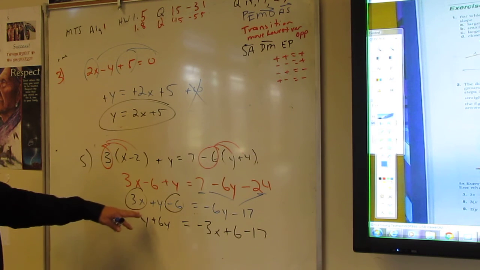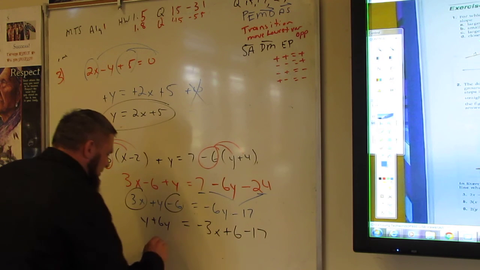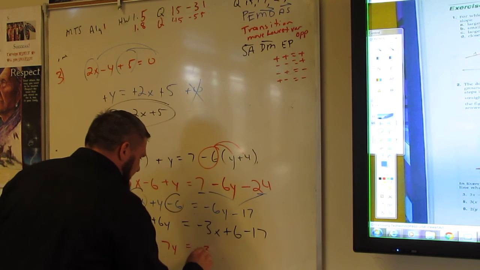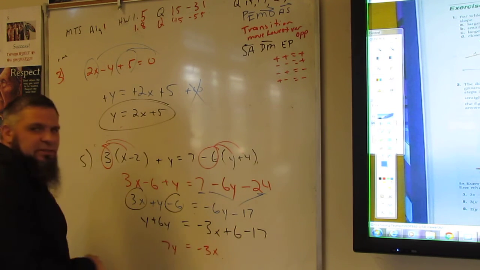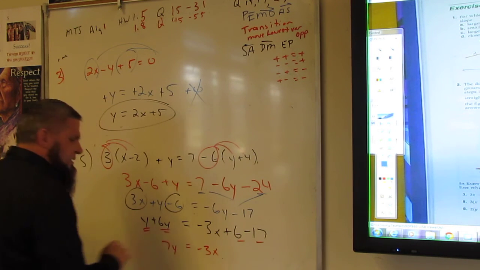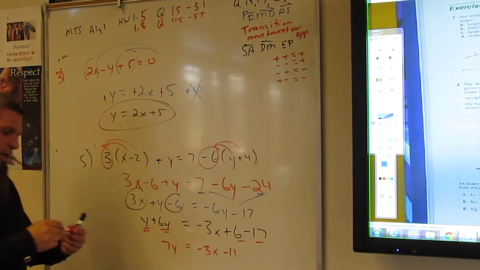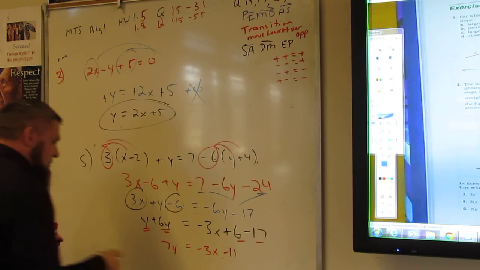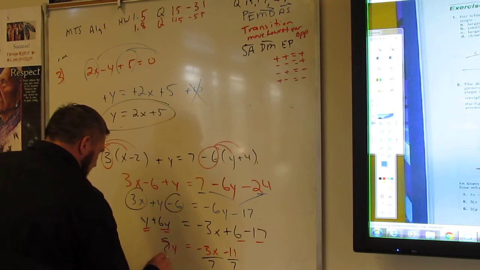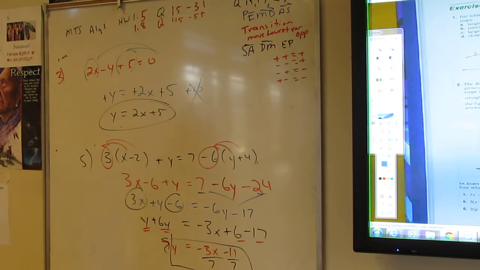I could have just moved this over and said, okay, well that's 6y plus y, that's 7y, that's easy, right? And then this is just negative 3x, and that's just, right? Like terms, right? That's just minus 11. Okay? And then what do we do with the 7?